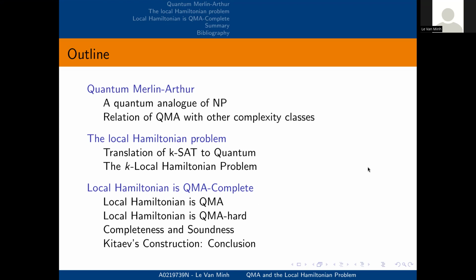How can we translate an arbitrary SAT problem into a quantum computing problem? And then we will go ahead and prove that the local Hamiltonian problem is QMA-complete, the same way that we know the SAT problem is NP-complete, and see the parallel between them.